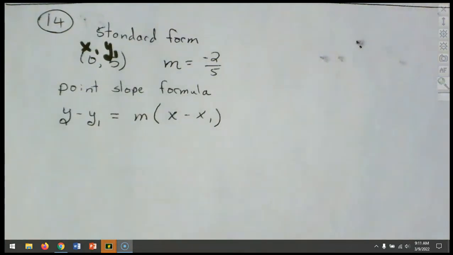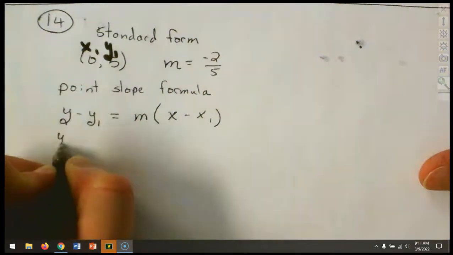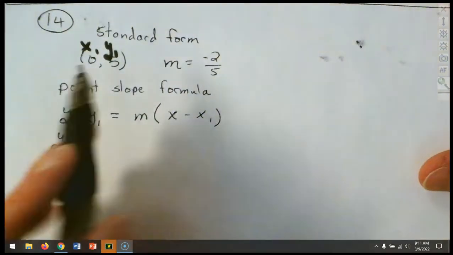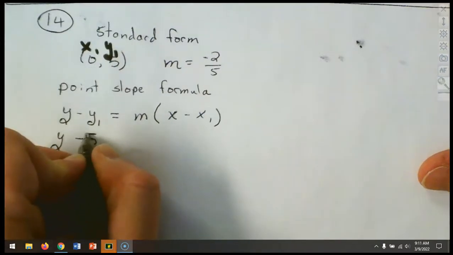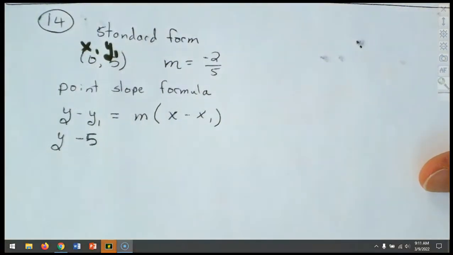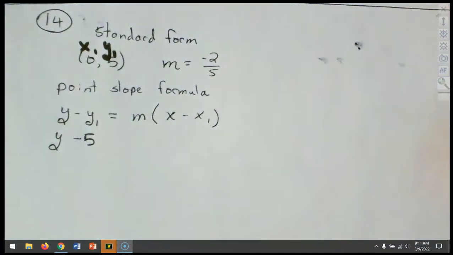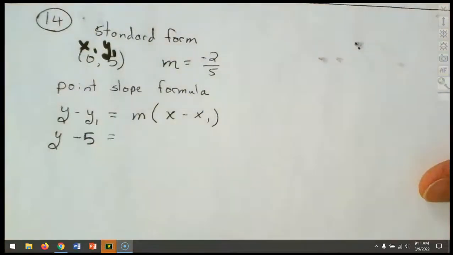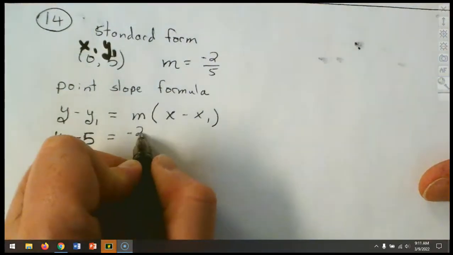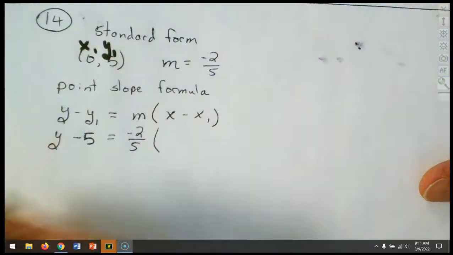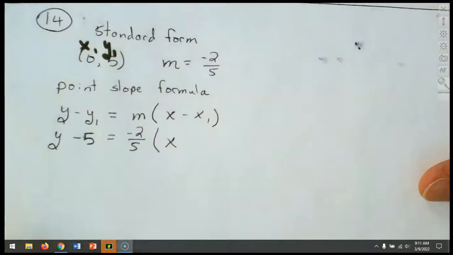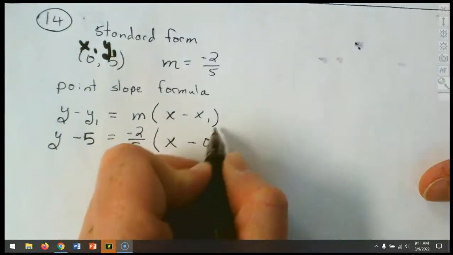So let's go ahead and plug them in. Y stays as y. Y1 is right here. Bring down your negative, and that's going to be a minus 5. Make sure you know how to plug the values into the point-slope formula. On the right-hand side, then we have a minus 2/5, and then we've got x, and x1 is 0.